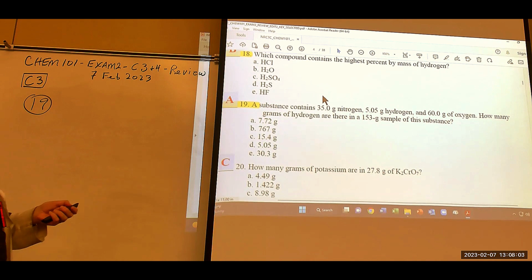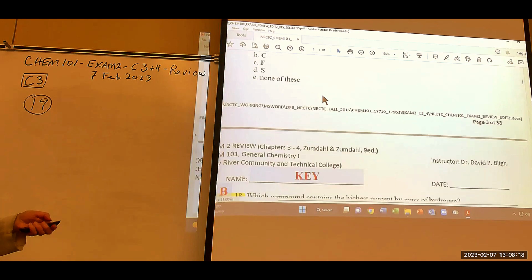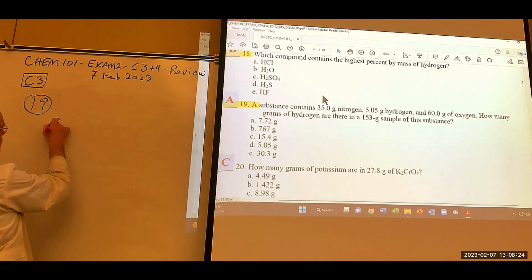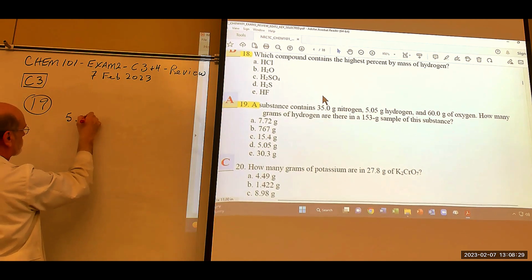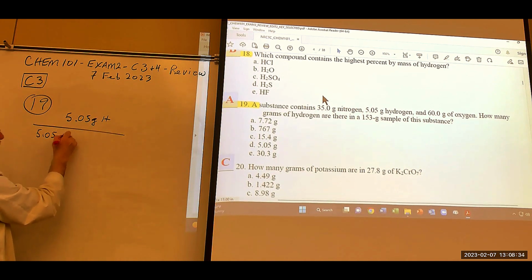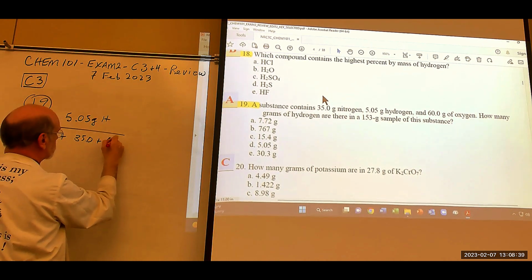So you just find out the ratio of hydrogen to the total. So this one would be divided by the total mass of all of them. You can just use the fraction, and then multiply the fraction times the sample. I'll set it up for you. You'd have 5.05 grams of hydrogen, and then the total mass would be 5.05 plus 35 plus 60.